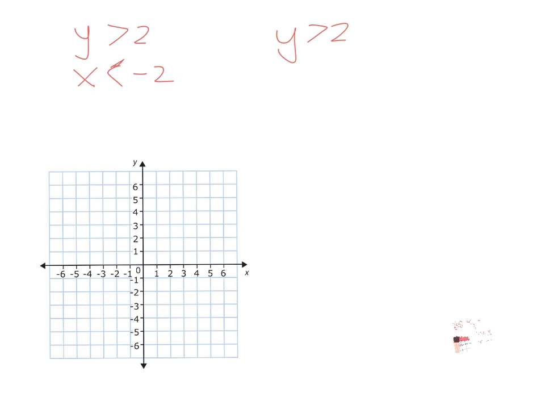There's a y and no x, so that tells me this is a Hoy problem, which tells me I'm going to have a horizontal line, and on the y-axis it goes through 2. So it also tells me greater than is a dashed line. Also, greater than means I'm going to shade above that line.